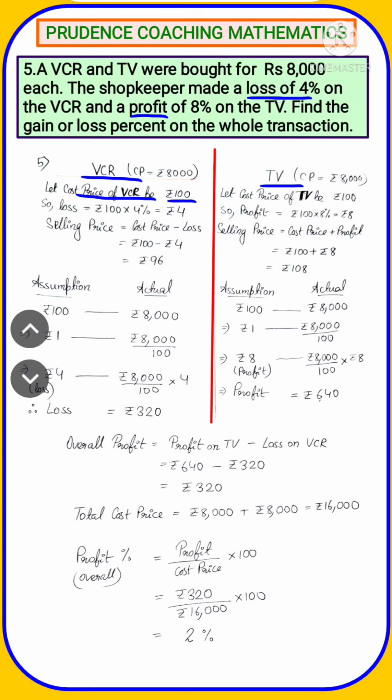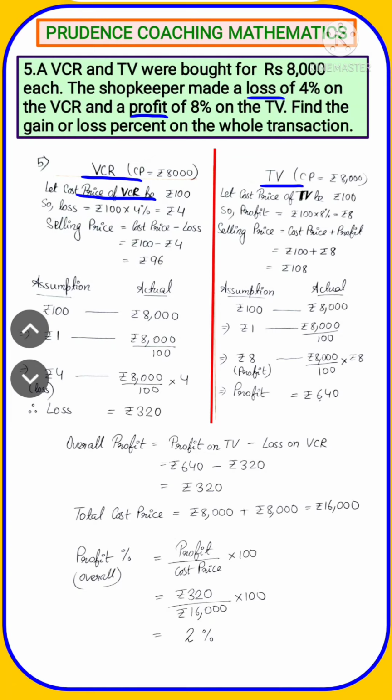This loss will be calculated on cost price, because profit and loss is always calculated on cost price. So 100 rupees was the cost price according to our assumption, into 4%, that is rupees 100 into 4 by 100. 100 and 100 will get cancelled and rupees 4 will be our loss here.